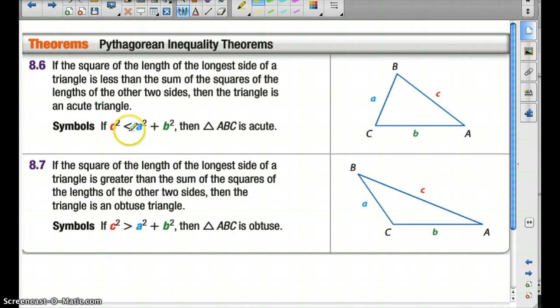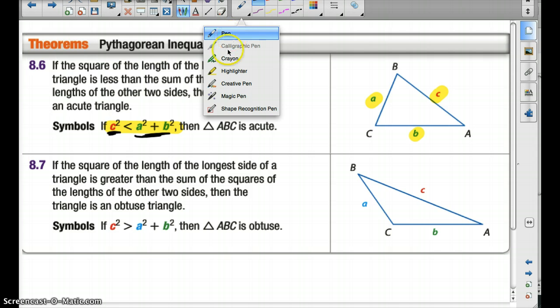So what this is saying is that if we square the longest side, and if we square the other two sides and add them up, if the other two sides are larger than the longest side squared, then we can say it is acute.